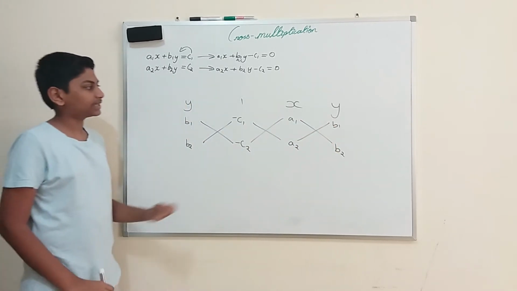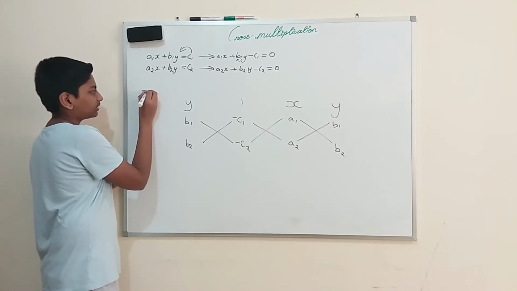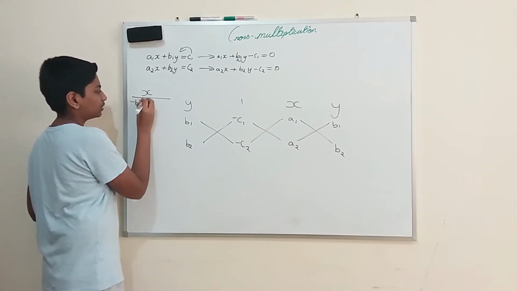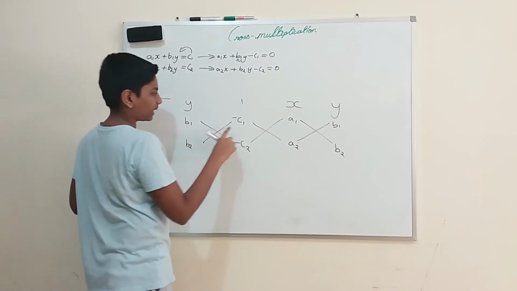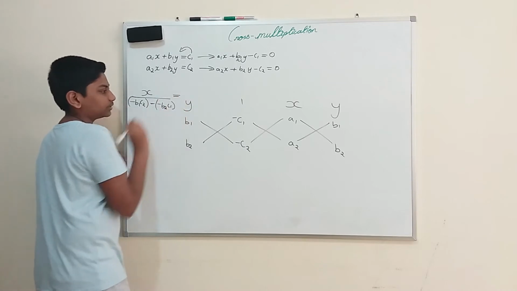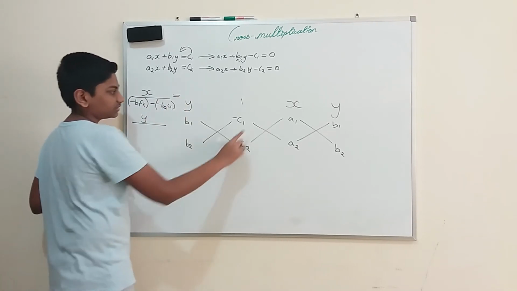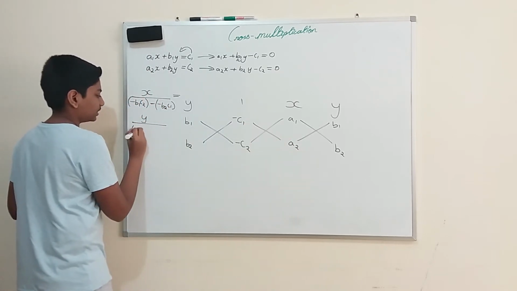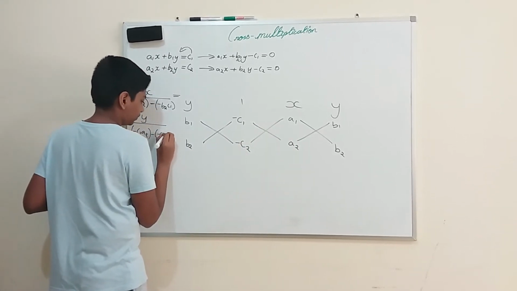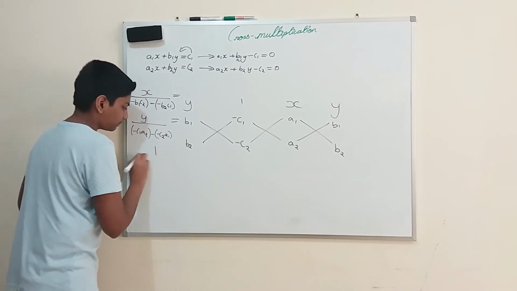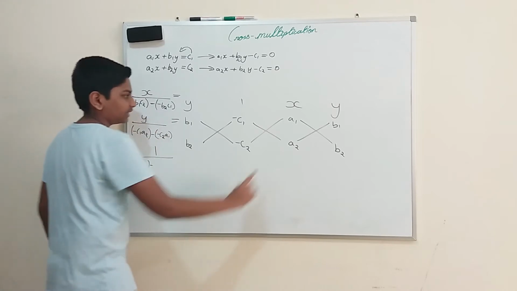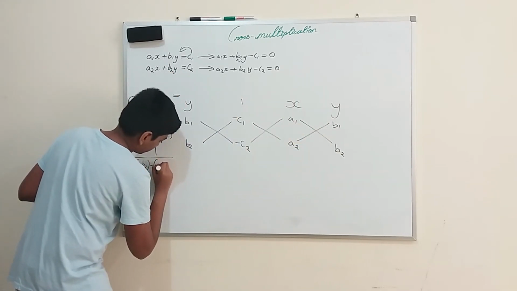After cross multiplying, we should write X by B1 into minus C2, which will become minus B1 C2, and B2 into minus C1, which will be minus B2 C1, which is equal to Y by C1 into A2, minus C1 A2, minus C2 into A1, which is minus C2 A1, which is again equal to 1 by A1 into B2, it is nothing but A1 B2, minus A2 into B1, which is nothing but A2 B1.